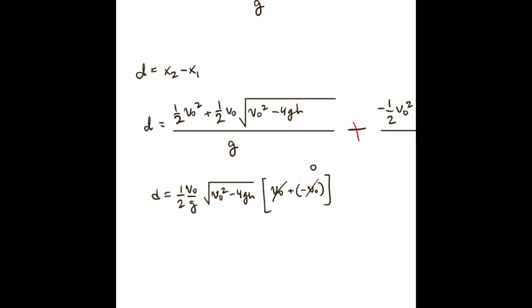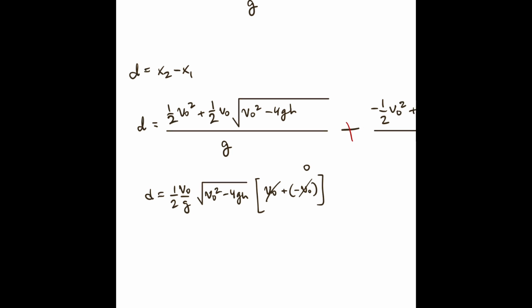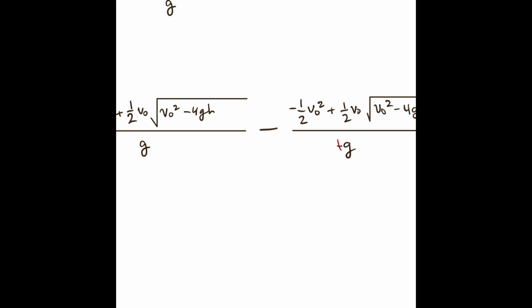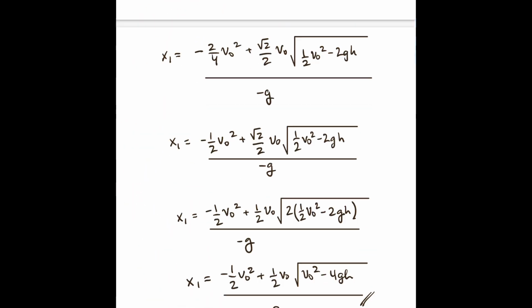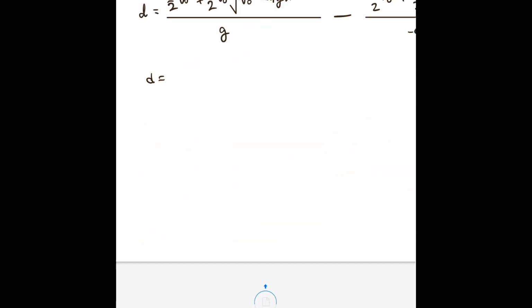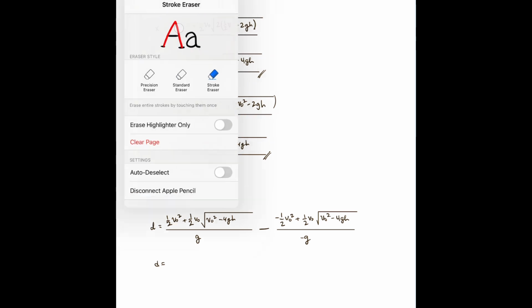So this is 0. I see where I went wrong. You cannot cancel those out. When we solve for x1, what we should have done is switch this sign on these.